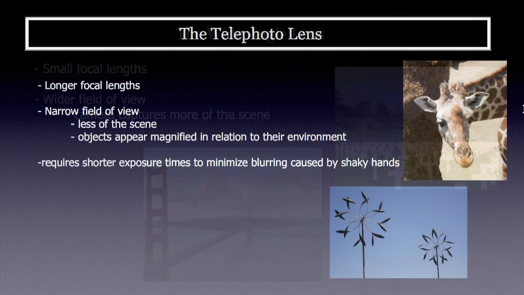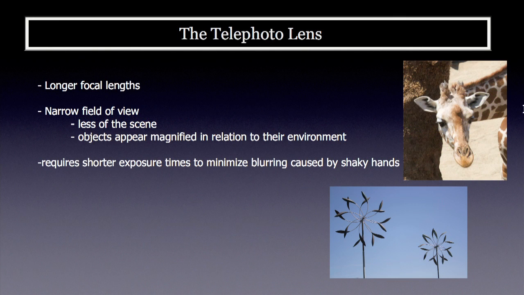Now, a telephoto lens has a longer focal length, and you'll notice that a lot of telephoto lenses are really long, so the distance between the lens case and the sensor is bigger. Because of that, you're going to get a more narrow field of view. You're going to capture less of the scene in front of you, and the object is actually going to appear magnified in relation to its environment.